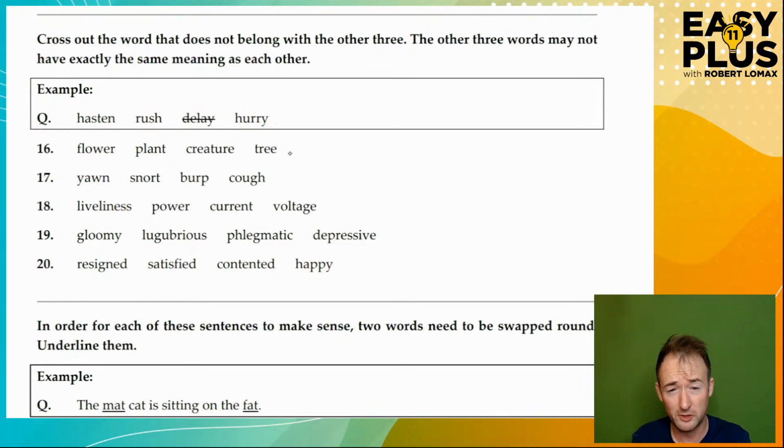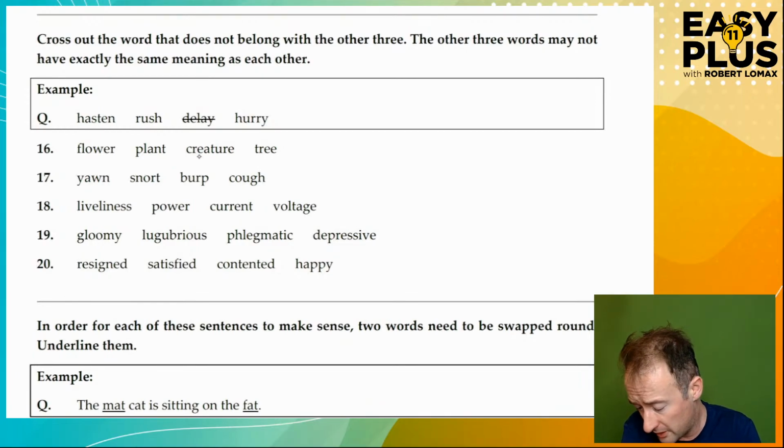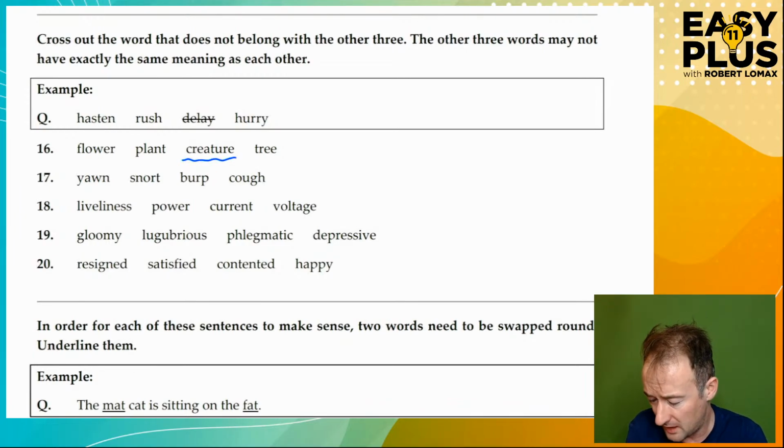Well, we're all talking about plants here. The word creature, would you use that to describe a plant? No, you wouldn't. You'd use that to describe an animal. Okay? So they're all living things, but three of them are not creatures, whereas one of them is. So creature is surely going to be the odd one out here.